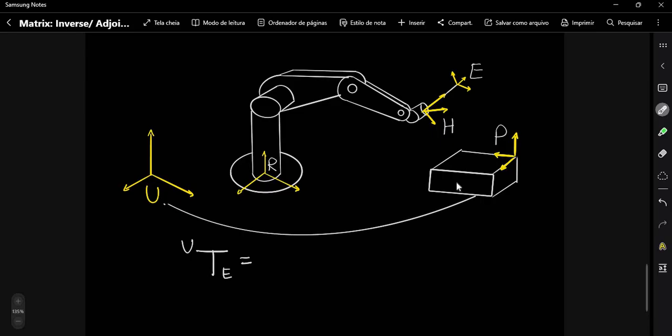We have a path which is independent of the robot. So we can write a transformation of the P frame in relation to the U frame.